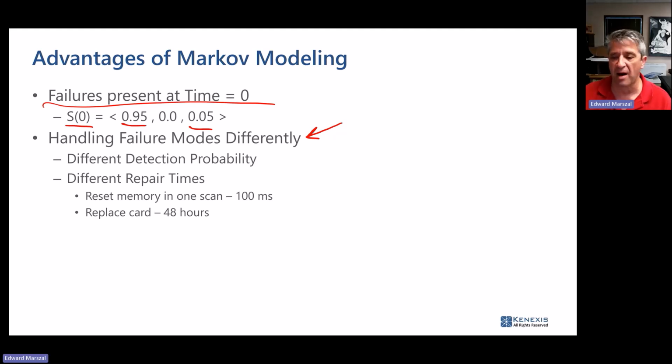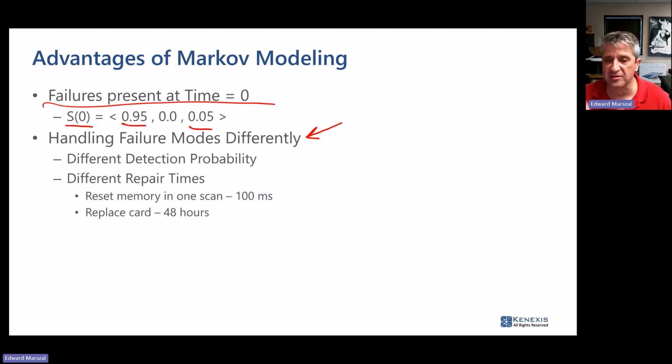The other thing that makes Markov modeling very valuable, especially in the modeling of SIS logic solvers, is that you're going to be allowed to handle different failure modes in different ways. So if I have a logic solver, there may be different failure modes. And now I'm not talking about just safe or dangerous.